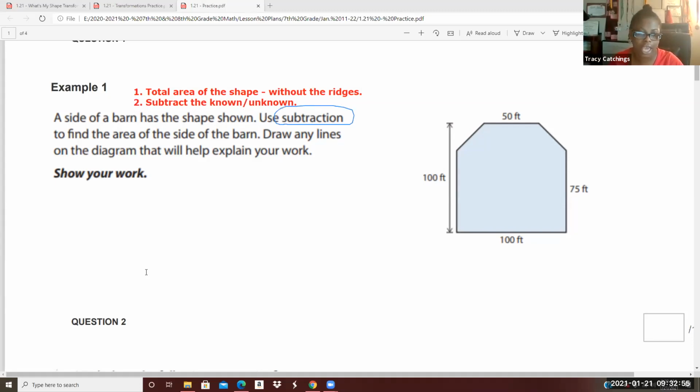Yesterday we added some. Today we're going to subtract. We can still add to find the area, however, we also need to know how to subtract. Looking at this diagram of the board, I say the total area because I'm going to close this whole board in and just make a shape. If I close this whole board in, what would be my length and what would be my width?